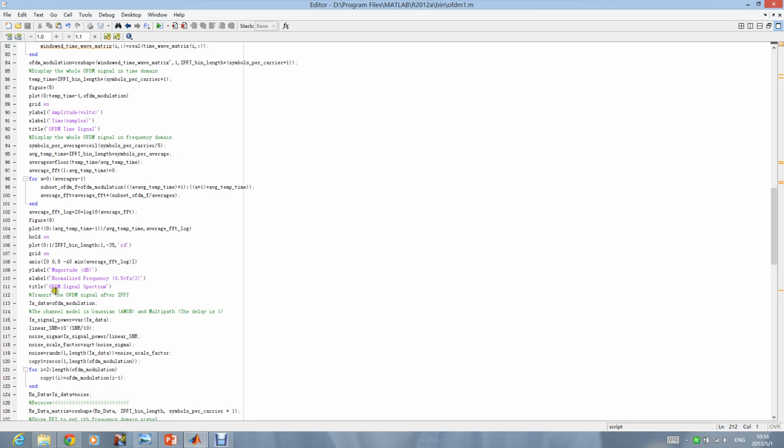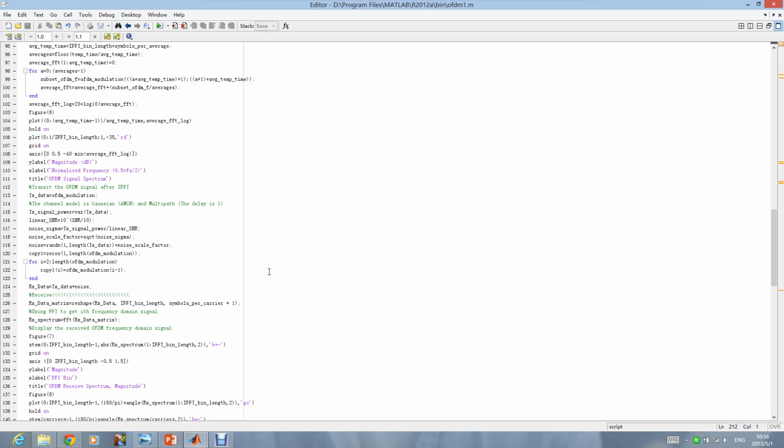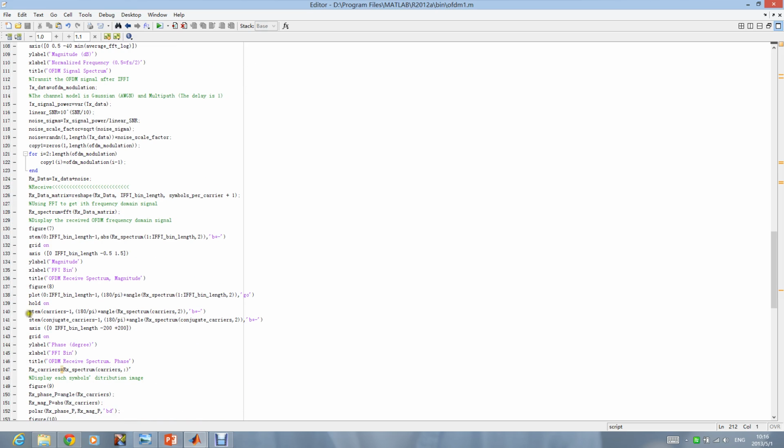And this is figure 6. This is the OFDM signal spectrum. We can see the OFDM signal in the spectrum. And figure 7, here we are at the receiver, and we can see the OFDM received spectrum in magnitude.